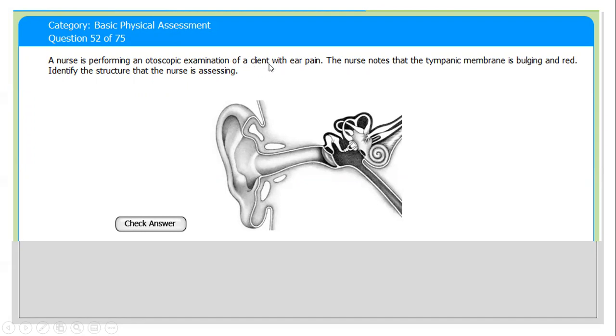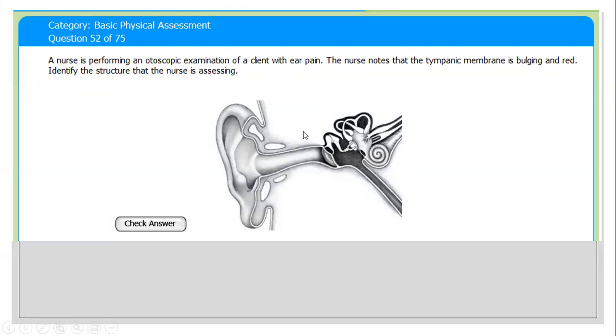So your patient complained of ear pain. After the otoscopic examination, you found the tympanic membrane inflamed, bulging, swelling, or torn, whatever it is. The examiner is asking which anatomical area we call the tympanic membrane.